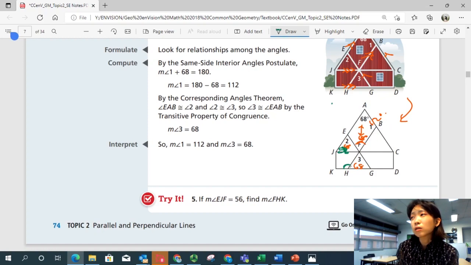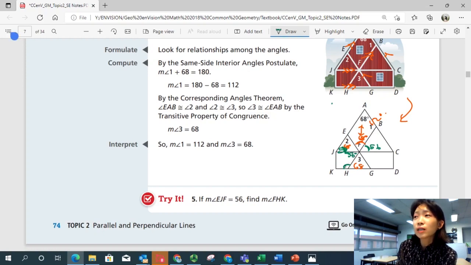says that, if we look at these two, AJ and BH as parallel lines, and this JC as a transversal, then we can say that BFC is a corresponding angle and it will also be 56, right? And vertical angles are congruent, so that's 56.